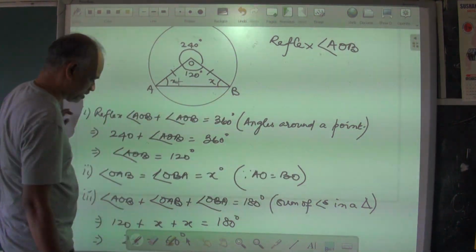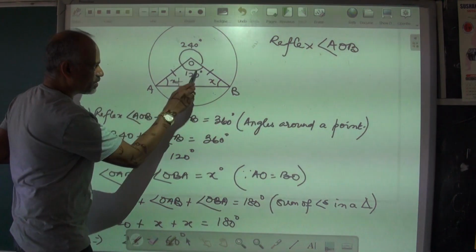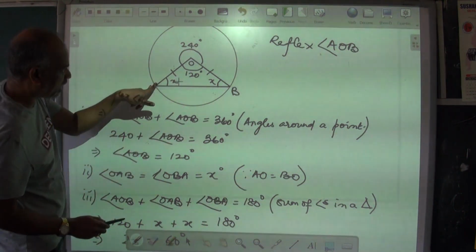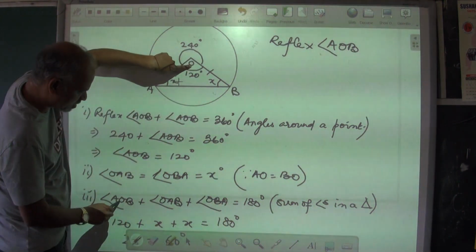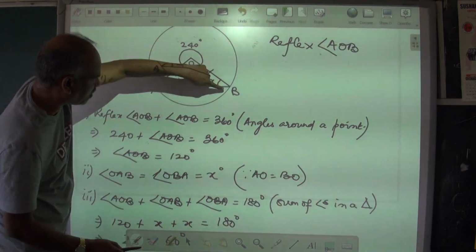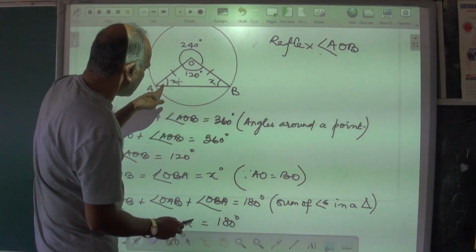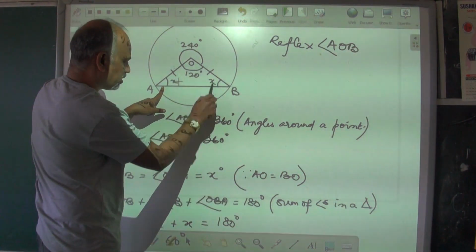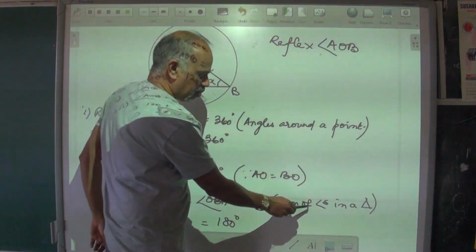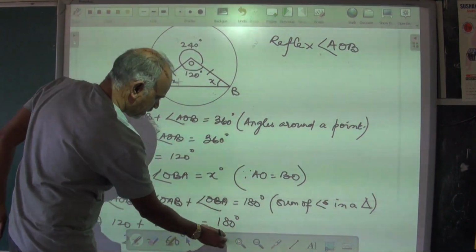Two sides are equal. Now adding all the three angles. Angle AOB, the first angle, plus OAB, the second angle, plus the third angle OBA, all added together should give you 180. Reason: sum of angles in a triangle.